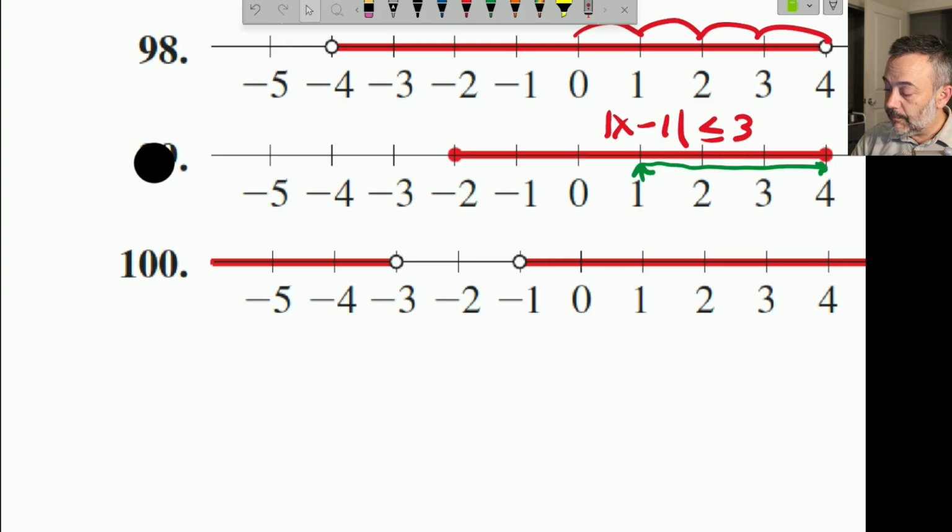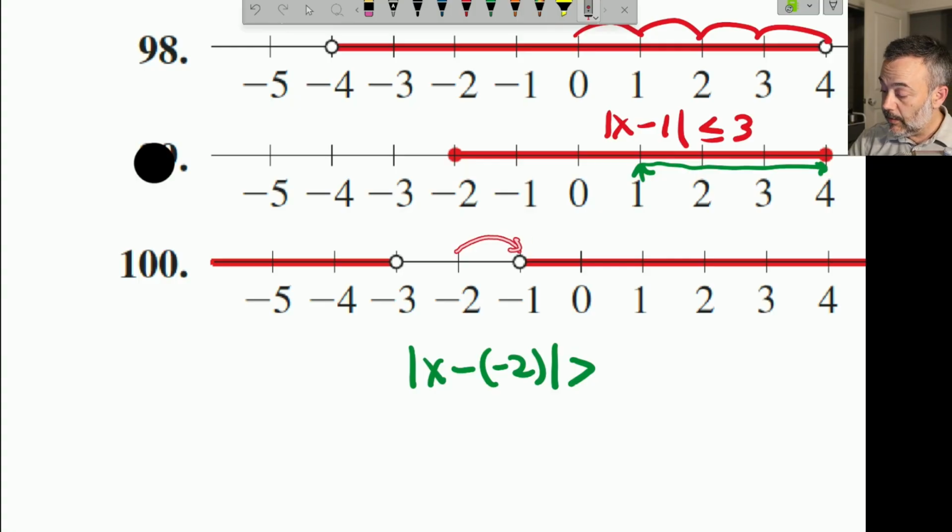Now on this one, the center is at -2, and everything outside of the boundary is shaded. So this one would be the absolute value of x minus -2, and we would have greater than the distance from the center to the boundary, and that's 1 in this case. So that would be 1. Absolute value of x plus 2 is greater than 1.